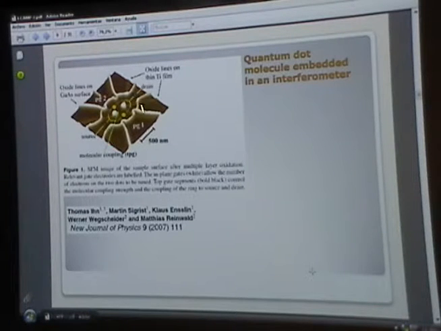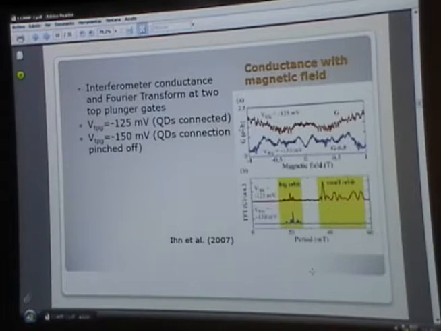So you have two different areas with the same magnetic field. You have two different fluxes. One is twice the other one.